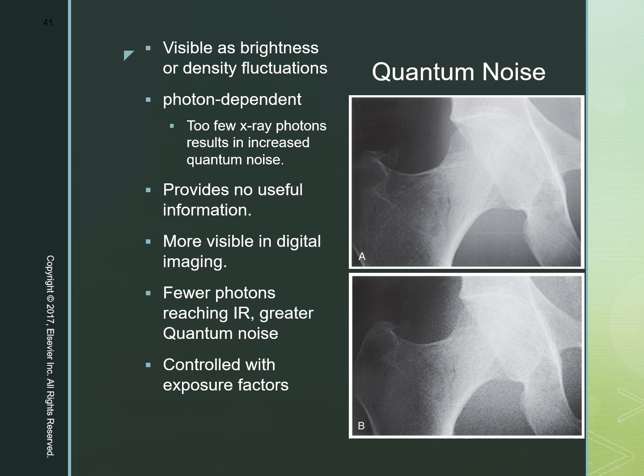If we just gave it one squirt of spray paint, we wouldn't be able to see the outline at all, because of a lack of information. But as we add more and more spray paint, you can make out the lines much more clearly. So there's no way to correct quantum noise or quantum mottle except for re-exposure with higher mAs.